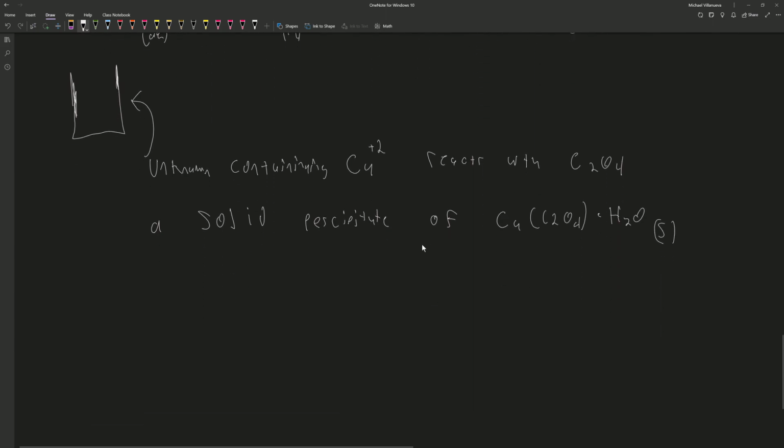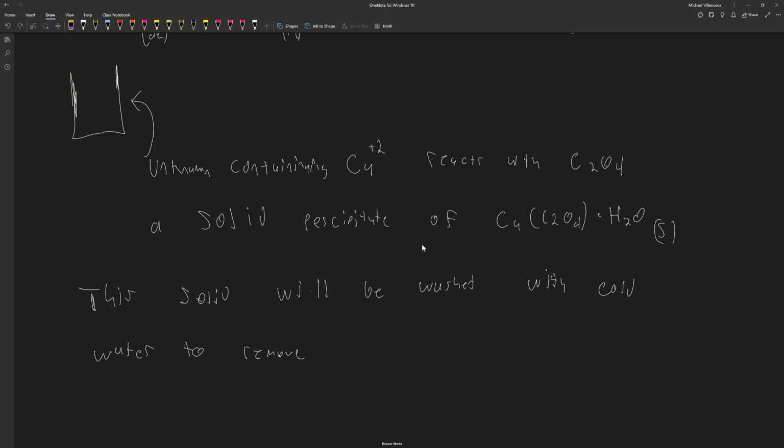What we will do is this solid will be washed with cold water to remove trace or excess C2O4.